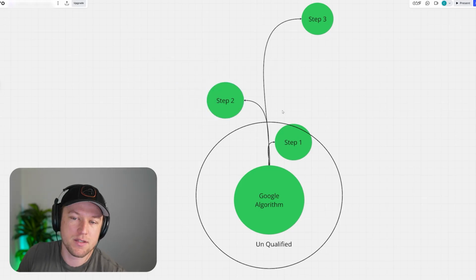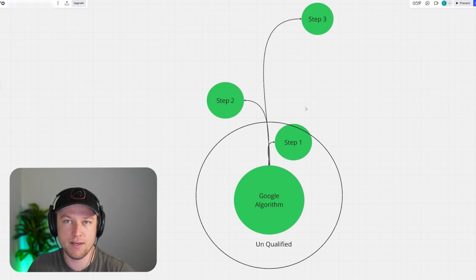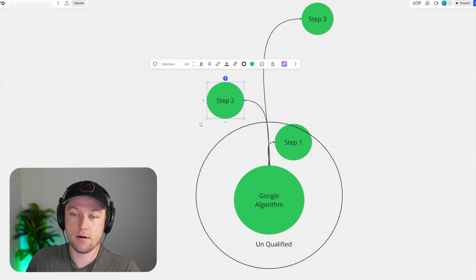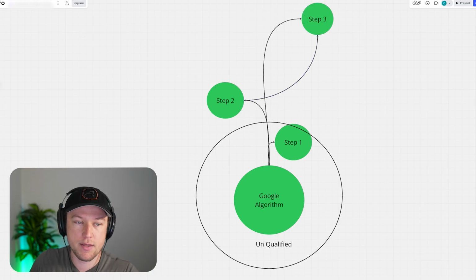So besides the point, step 2 for the most part is typically just going to be qualified leads, and this is going to be easier for the algorithm to latch onto because you can feed back the information within a week, let's say. If we get to the point now, like I was saying earlier, where you're going from step 2 to step 3, that is mostly going to be the sales team, right?